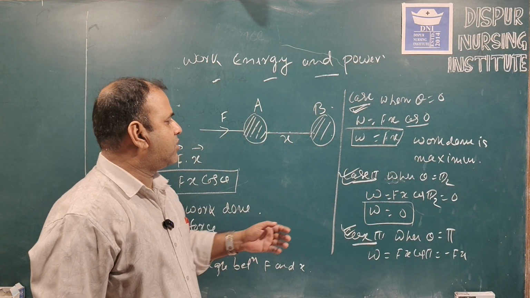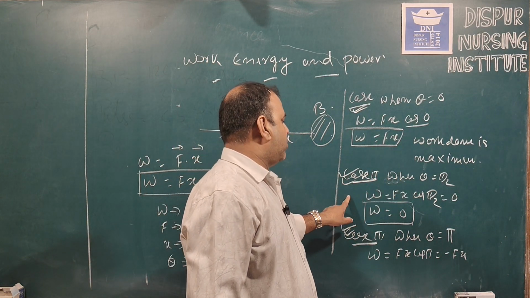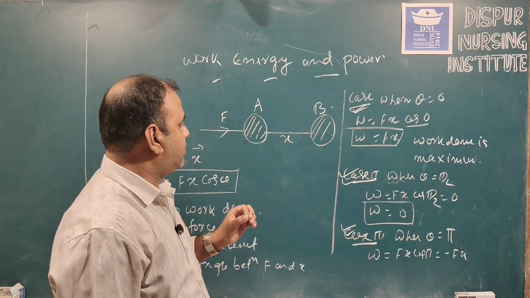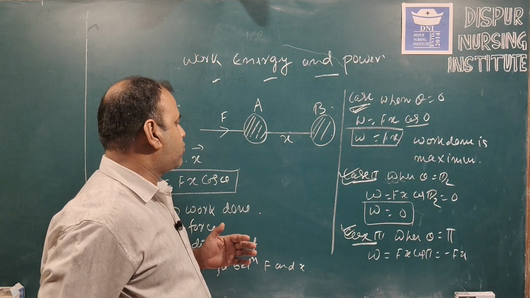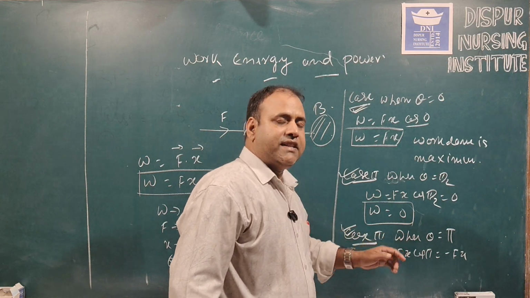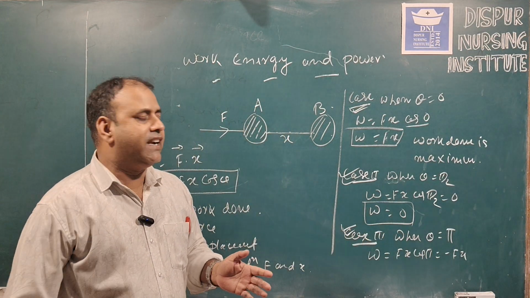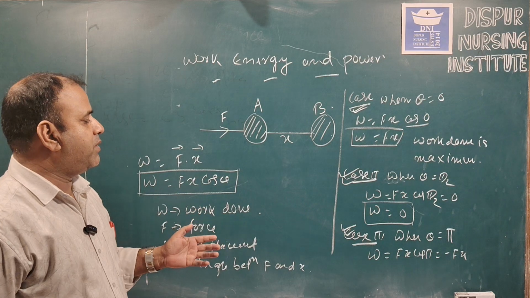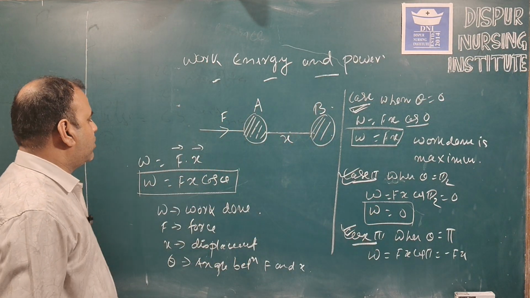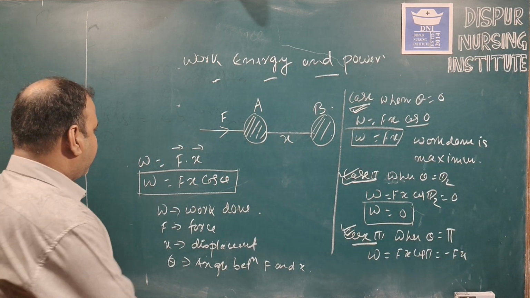When theta is equal to pi by 2, then work done will be 0, which is very close to the 0 value. In case number 3, when theta is equal to pi, cos pi is the negative value minus 1, so work done will be minus F x. So this is the idea about work done. You remember, so what is the unit of work?